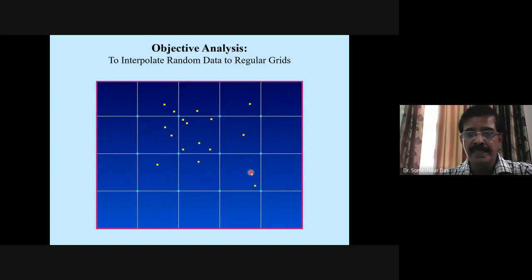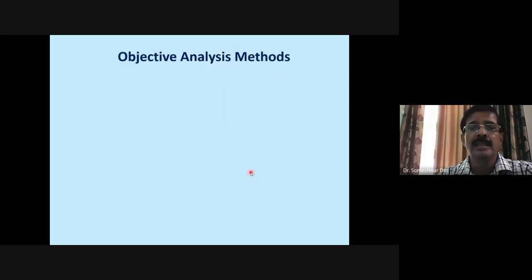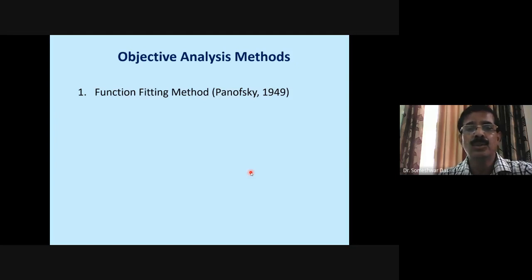So today we shall discuss how we do the objective analysis, or how we interpolate the data to the regular grid points. Generally, there are 5-6 methods of objective analysis. The first one is the so-called function fitting method.